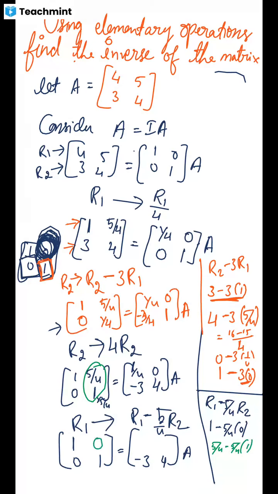Next, R1 value. Now take these two. Oh, sorry, small mistake.